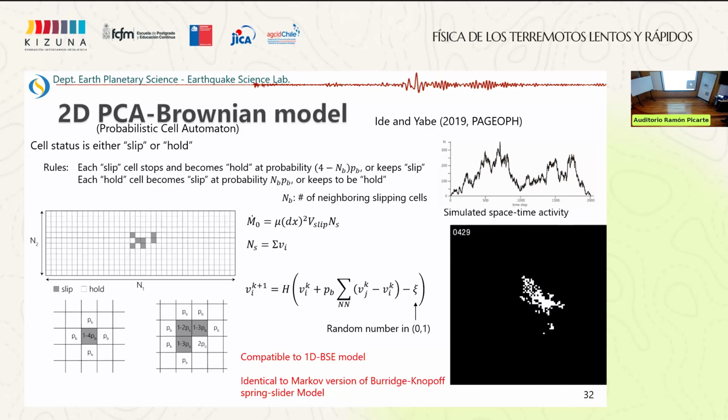But using this simple rule, we can explain this type of rapidly fluctuating signal, and also long continuous areas of signal. And the slip pattern is changing like this. So this is a Brownian type explanation of tremors.